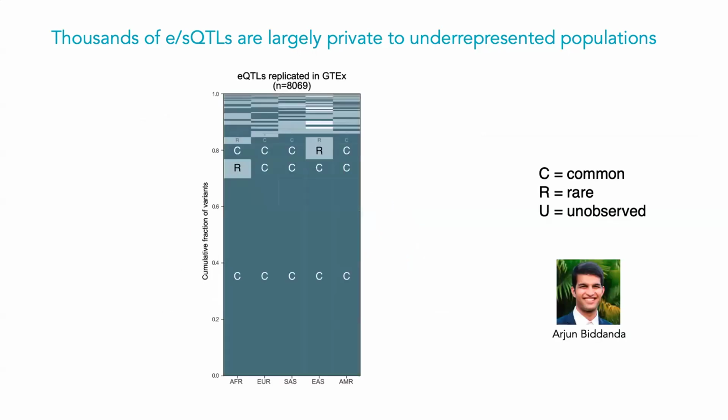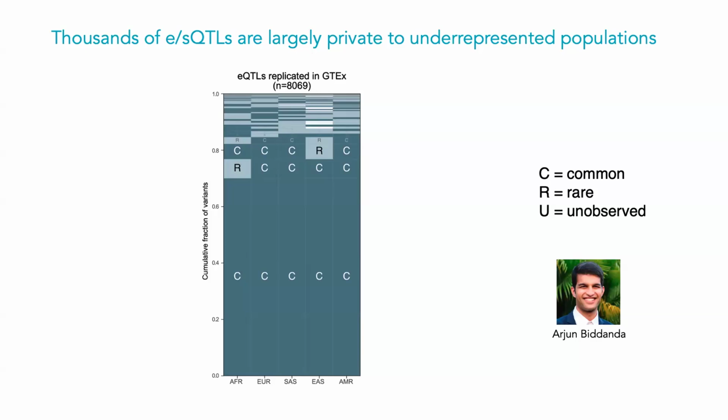So that was one specific example, but we can look at this phenomenon on a more global level. And here I'm visualizing it with a visualization method developed by my postdoc, Arjun Biddanda, when he was a PhD student in John Novembre's lab. And the way to look at these is each of these different columns is a different continental group from the 1000 Genomes Project.